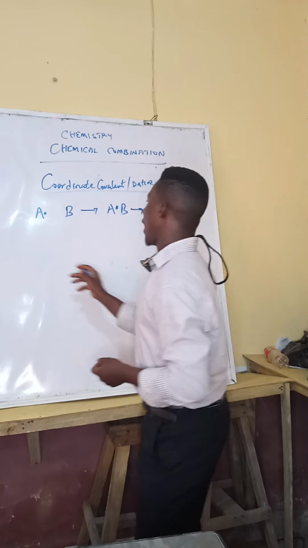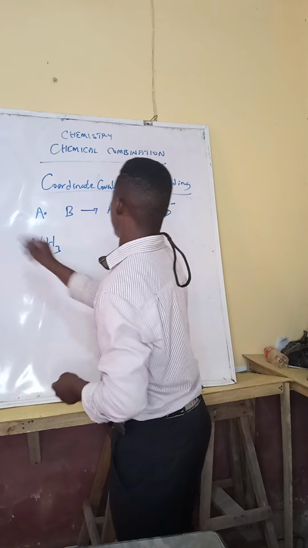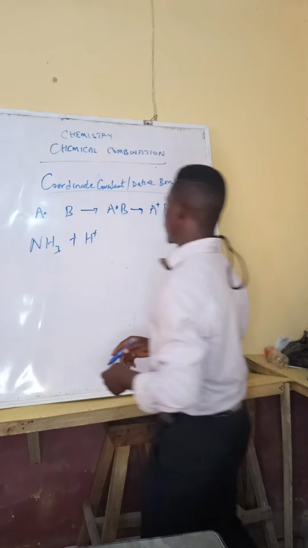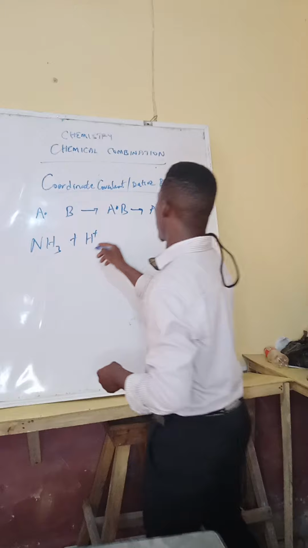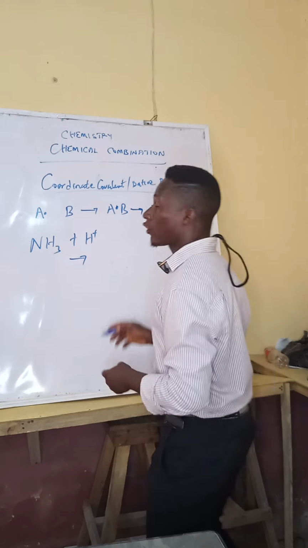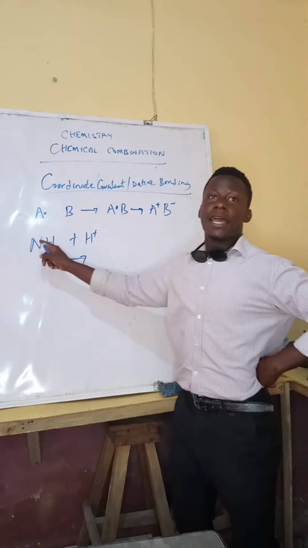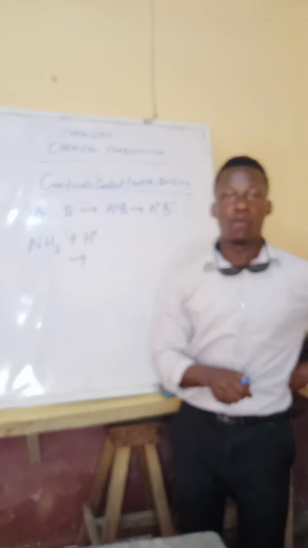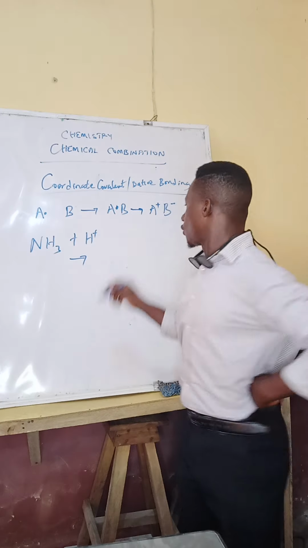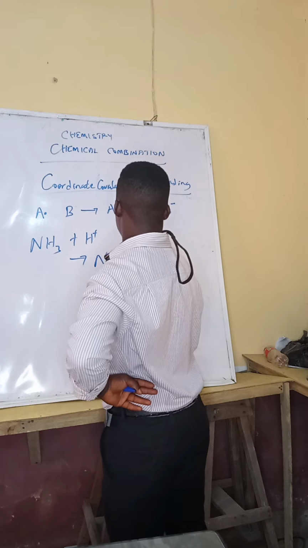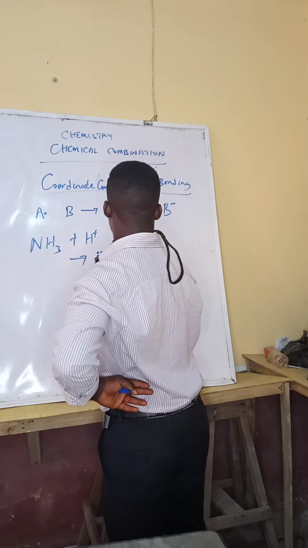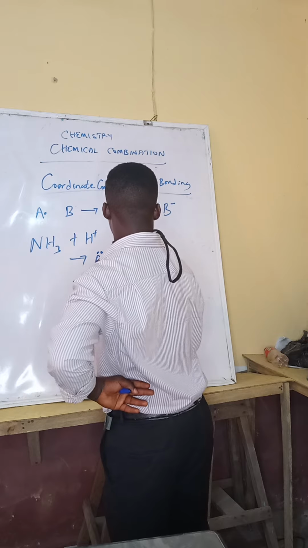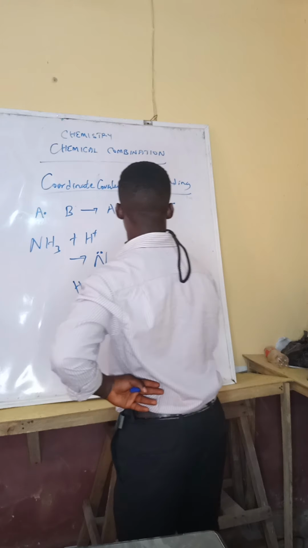Number 1, when ammonia combines with an acid, for instance. Now we show it here by saying that, recall that in ammonia that we did the other time, the nitrogen has a lone pair of electrons on it. So the lone pair is here, and of course it is connected to hydrogen, hydrogen, hydrogen, and is combined with this.